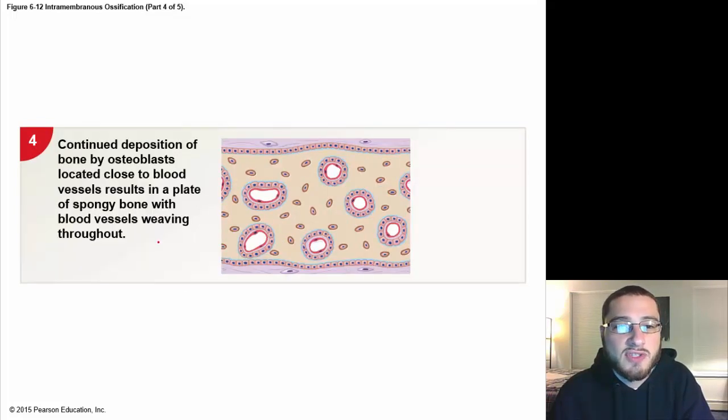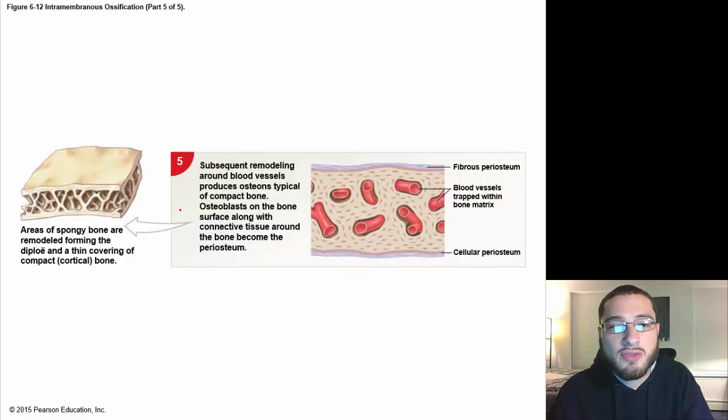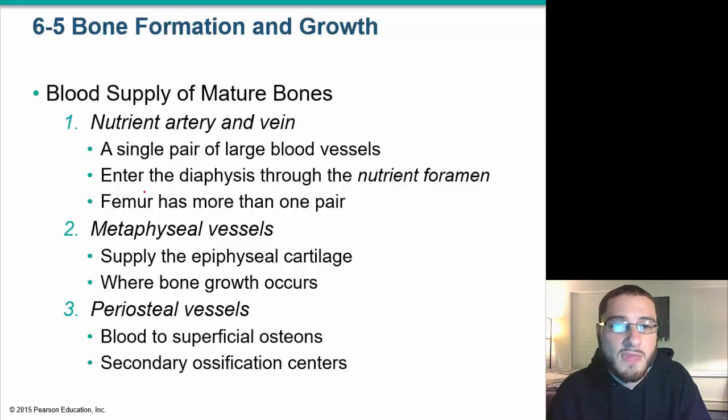Then continued deposition of bone by osteoblasts, or builders, located close to the blood vessels, results in a plate of spongy bone with blood vessels weaving throughout it. Then subsequent remodeling around the blood vessels produces osteons, typical of compact bone. So we have our spongy bone form first, and then our compact bone. Blood supply of mature bones: nutrient artery and veins are responsible for that.